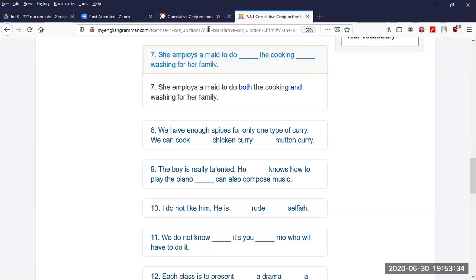If we use rather, it would go before the verb, and we usually use rather with would, because we're talking about an imaginary situation or a future situation.